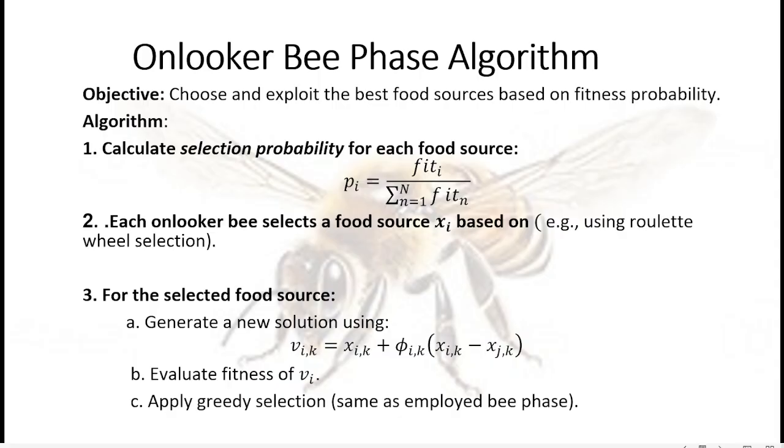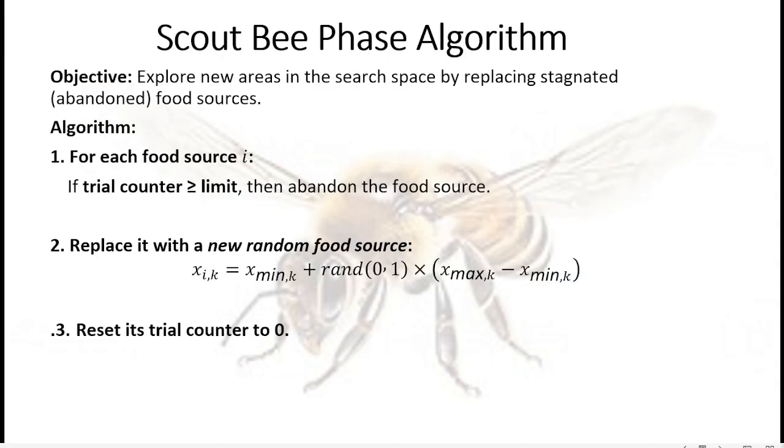So next is the scout bee phase algorithm. This step explores new areas in the search space by replacing stagnant, that is abandoned, food sources.